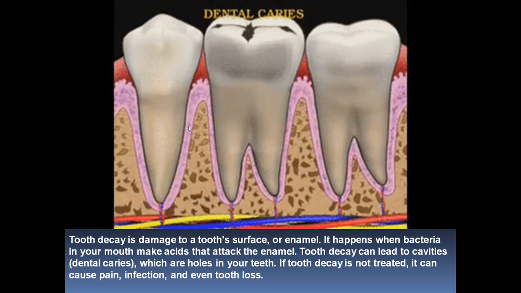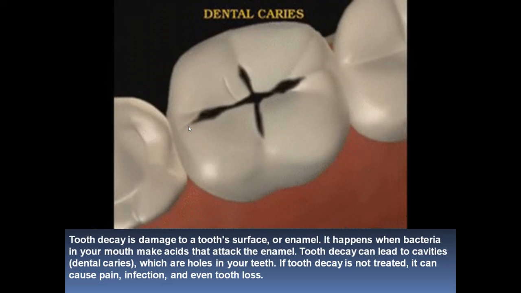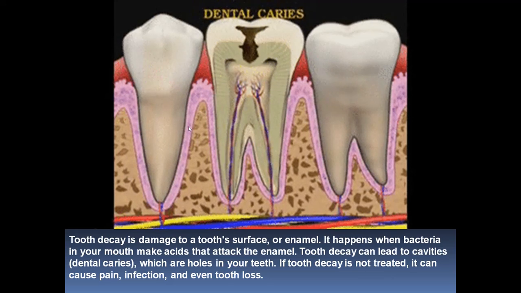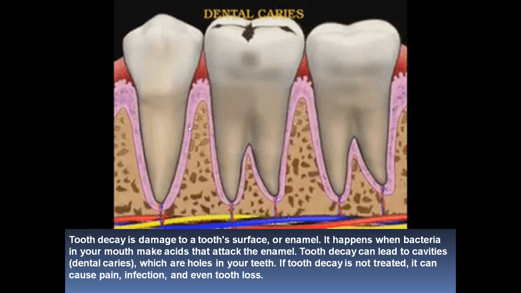Tooth decay can lead to cavities or dental caries, which are holes in your teeth, as you can observe in this image. If tooth decay is not treated, it can cause pain, infection, and even tooth loss.